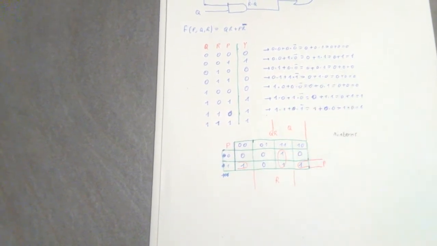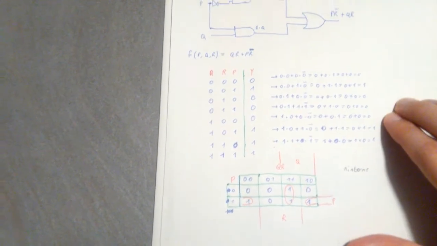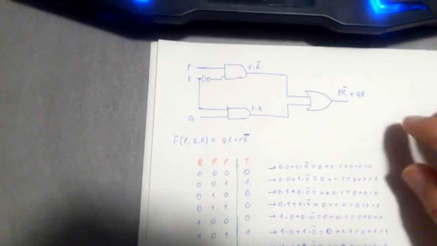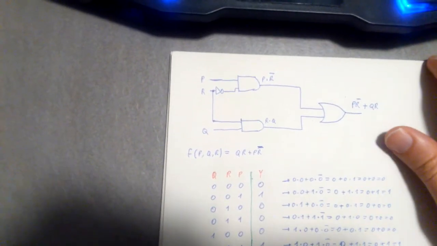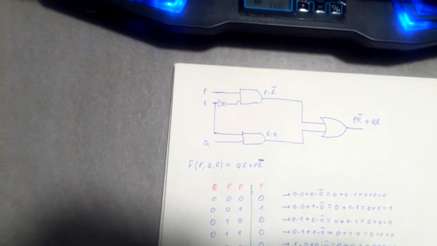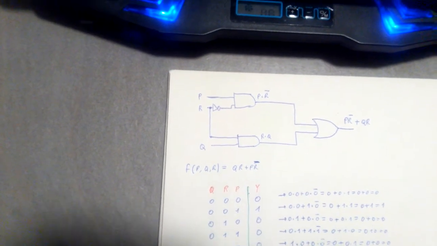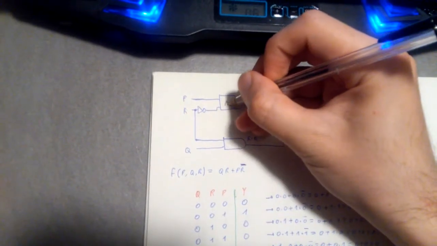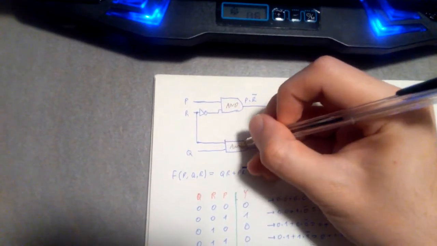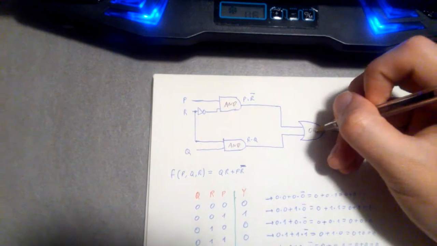But there is a problem. Now, you see, if we go back to this circuit here, there's actually a problem here. Because this is an AND gate, this is an AND gate, and this is an OR gate.